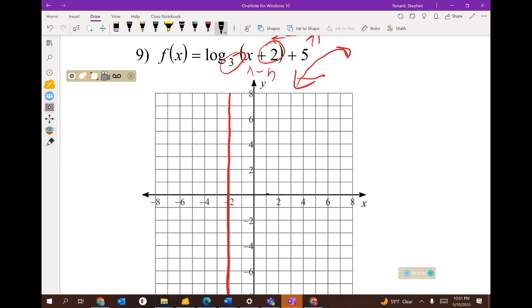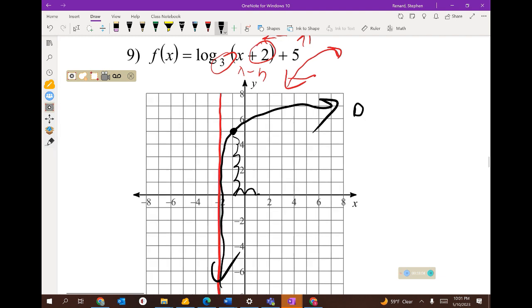So we start off at (1, 0). And then we're going to move back 2, then up 5: 1, 2, 3, 4, 5. So we're going to be right up against the asymptote this whole time, and then swoop out like that. And that's our graph.